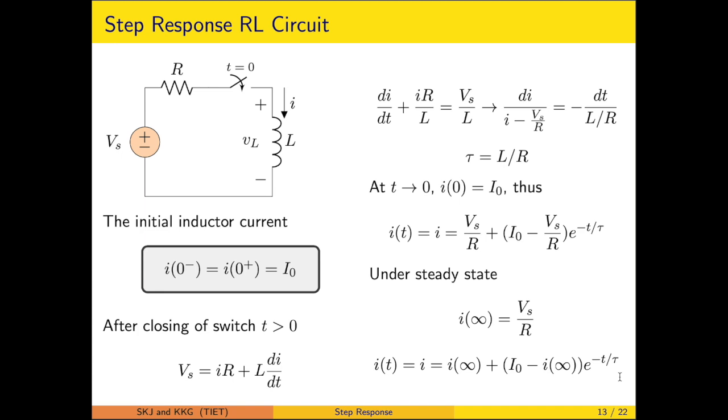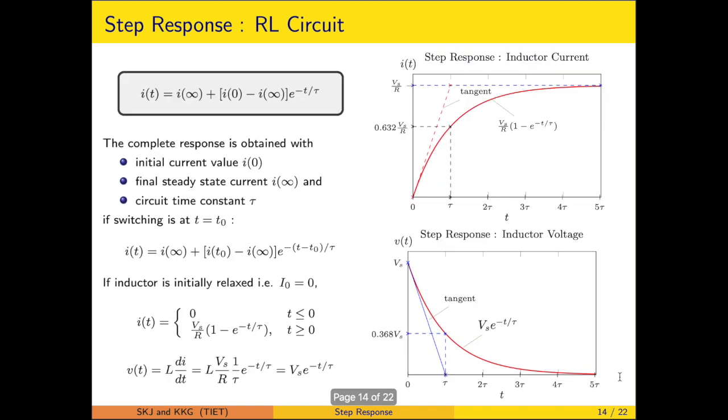In this particular case also, the current is explained with the help of three parameters: initial current, final current I infinity, and the time constant. So the expression is coming out to be analogous to what we have obtained for the RC circuit.